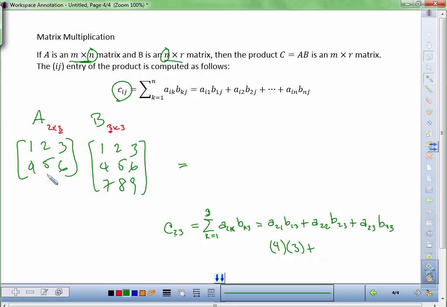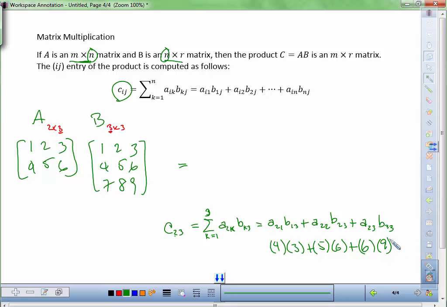A22, 5, times B23, 6. And then A23, 6, and B33, 9.